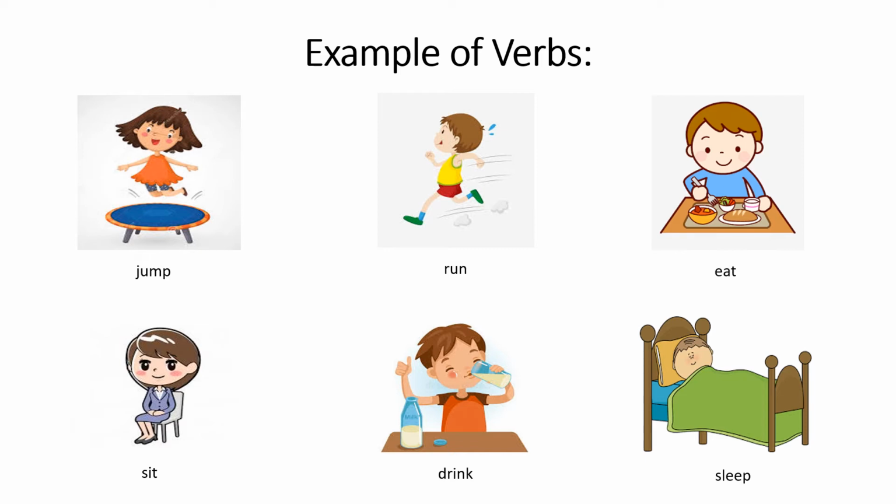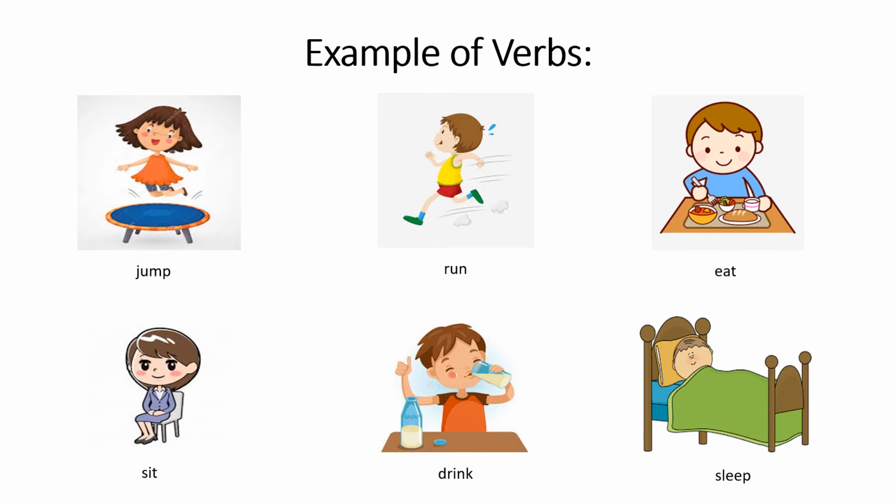Yes, she's jumping. So the verb here is jump. The next picture says run. Now you can see a boy running in the picture. Then on the third picture we can see a boy eating. The verb is eat.